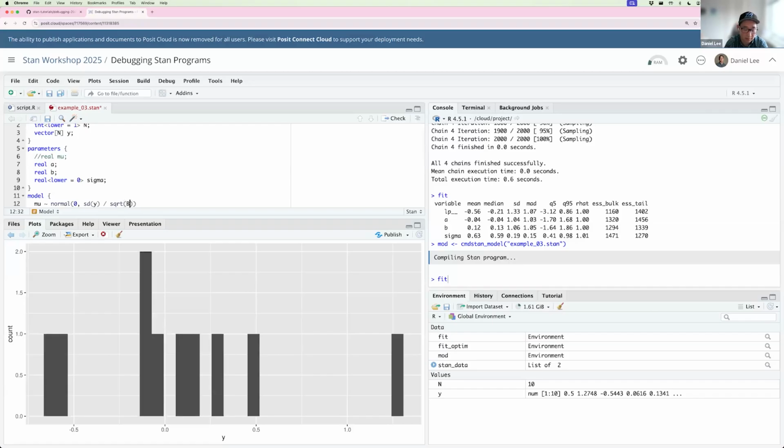Sometimes I do stuff like that just to make it even tighter. It's actually not the square root of n, it's half the variance. So you square this, divide by, times 0.5, and then take the square root.